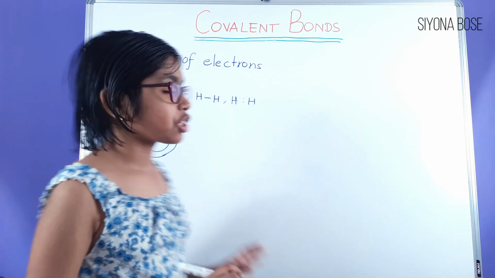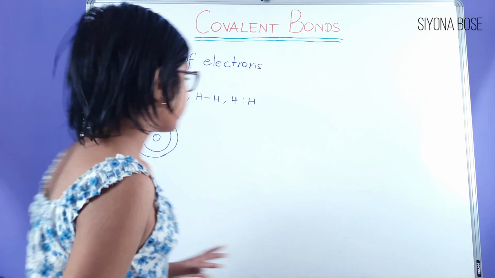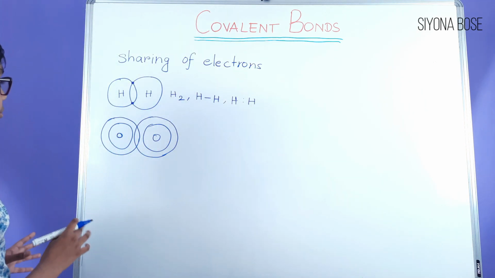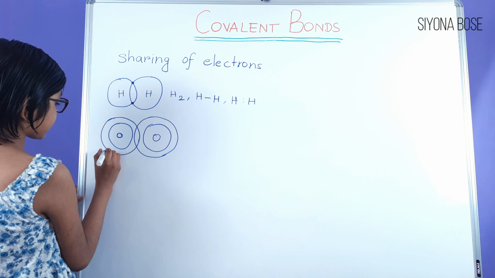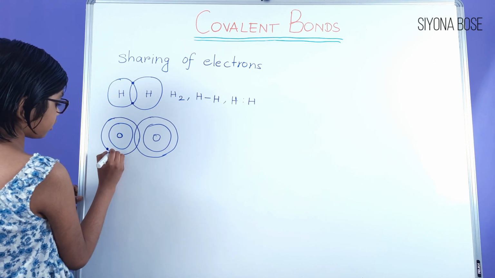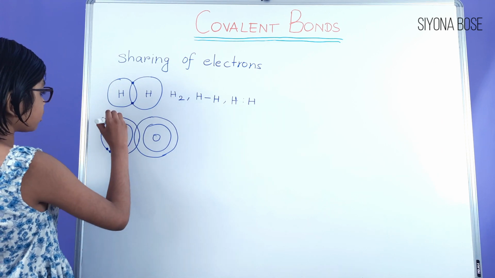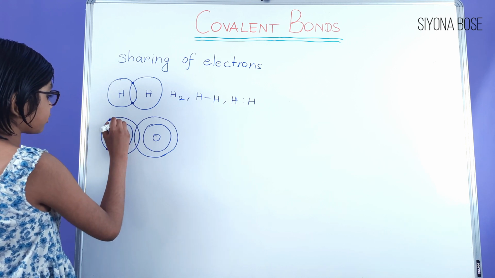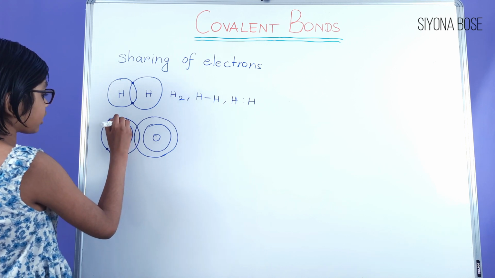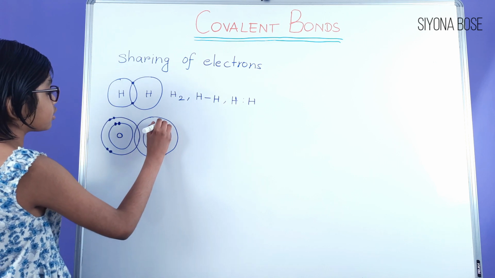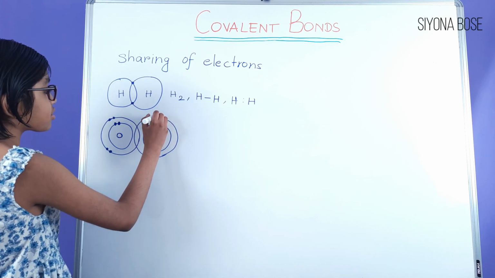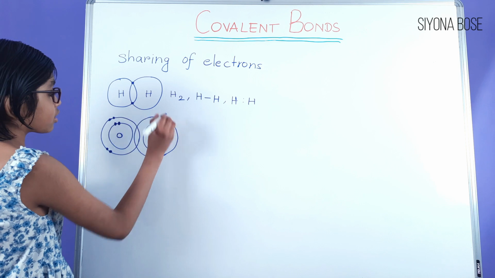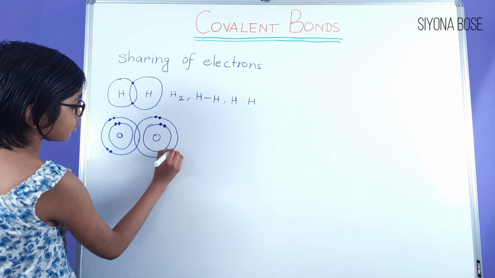Yes, these two are oxygen atoms. Now, how is the sharing of electrons happening here? The inner shell, the first shell, has a capacity of only 2 electrons for both. Here also, both of them will have the 2 pairs.